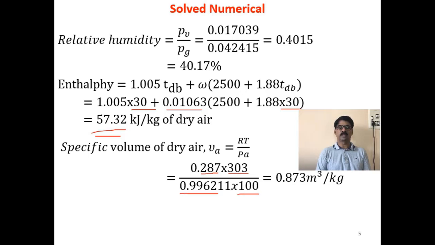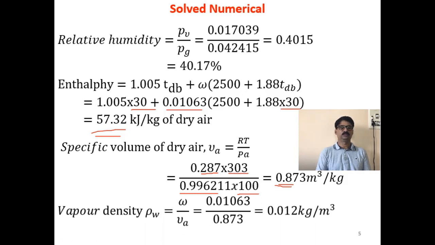So multiply by 100 to convert that into kilopascal. So you'll get it as 0.873 meter cube per kg. And vapor density is nothing but omega by VA, so you'll get it as 0.012 kg per meter cube.